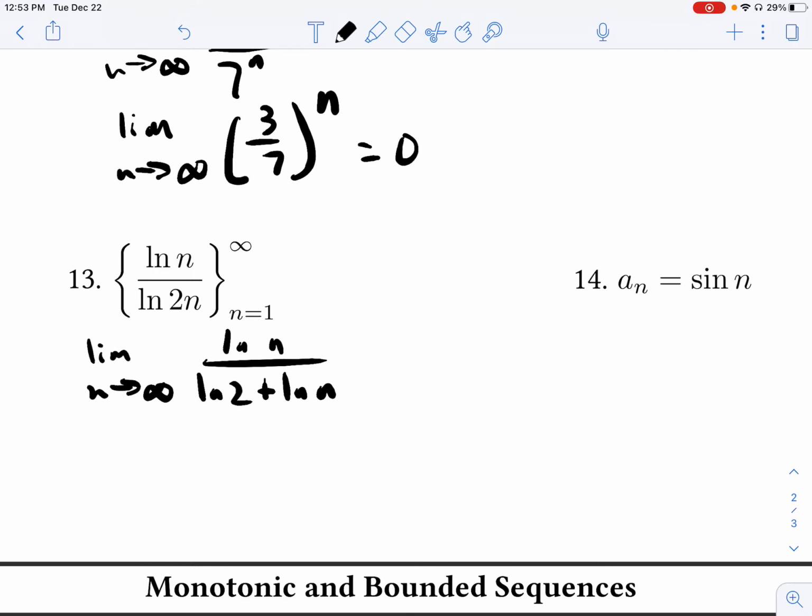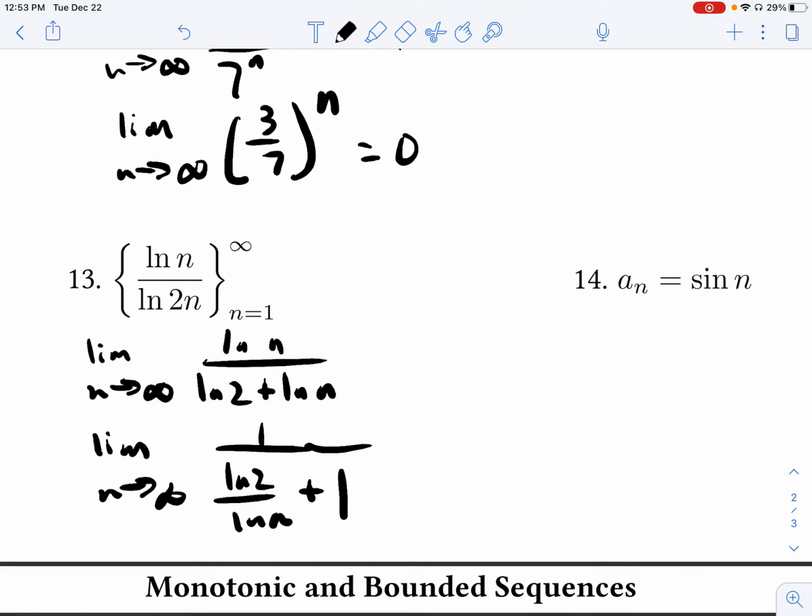And this then can be rewritten as the limit as n approaches infinity of 1 over natural log of 2 over natural log of n, plus 1. All I'm doing right now is just dividing everything by natural log of n. And that means this term here gets closer and closer to 0. So this comes to 1.